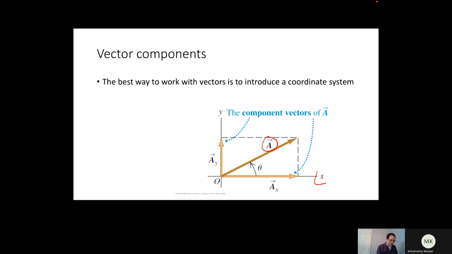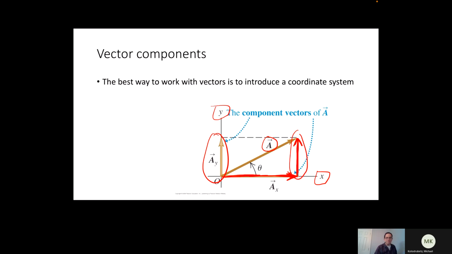So here, for example, I've introduced the x and the y coordinates. And what you notice is that I can always take any vector A and break it up into something that only points in the x direction, which I've labeled A sub x here, plus something that only points in the y direction, which is labeled A sub y here.